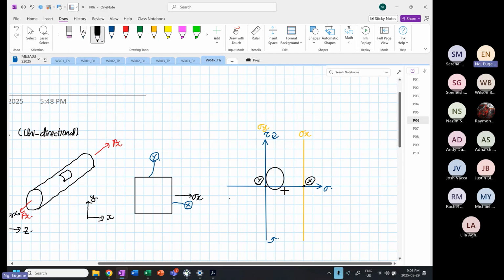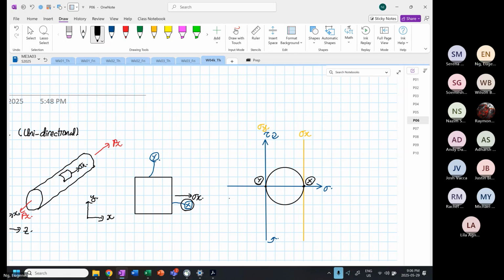Okay, so now we can construct a circle. What we see over here, X, which is our stress X, is also our stress one value.